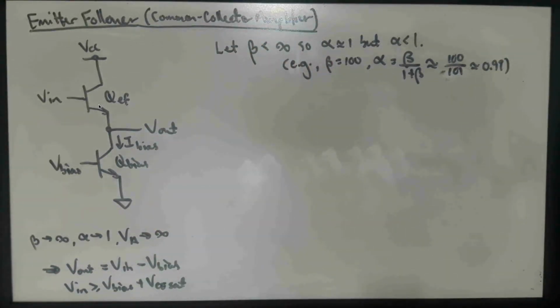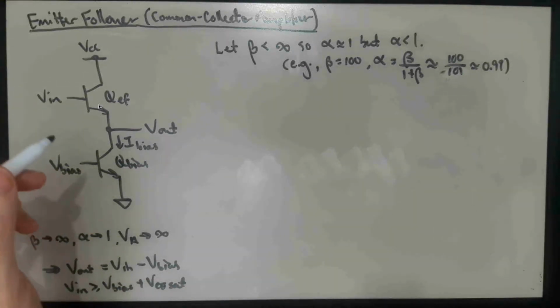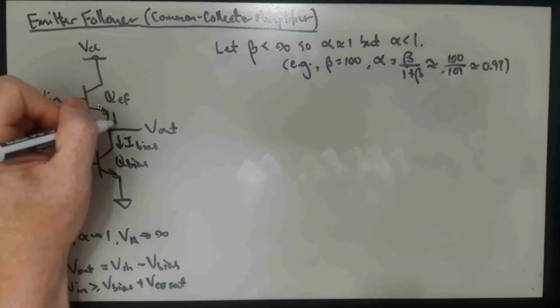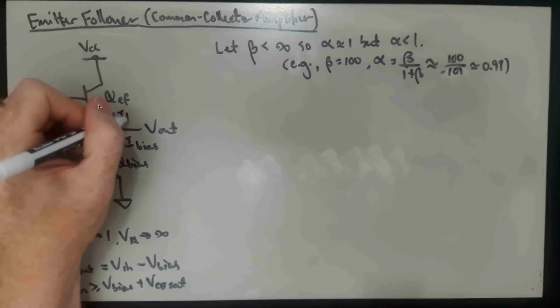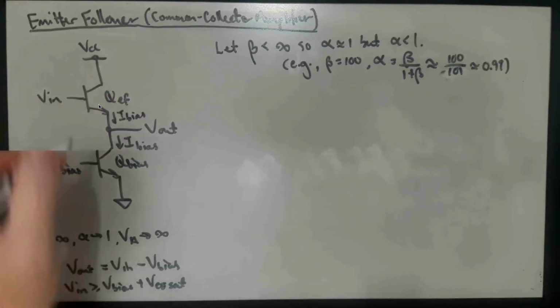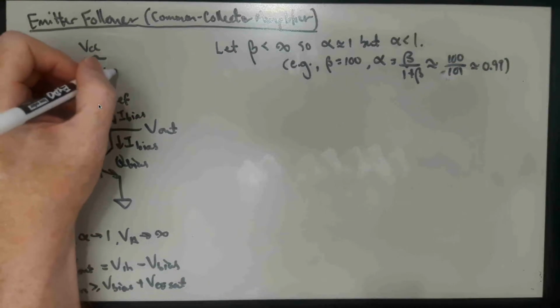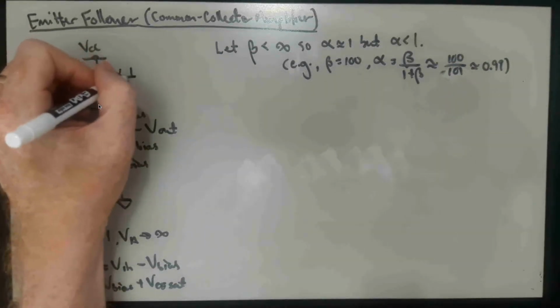Well, how does that affect our picture? Well, what that means is that the emitter current of QEF is I bias by KCL, and that means the collector current here is going to be alpha times I bias.